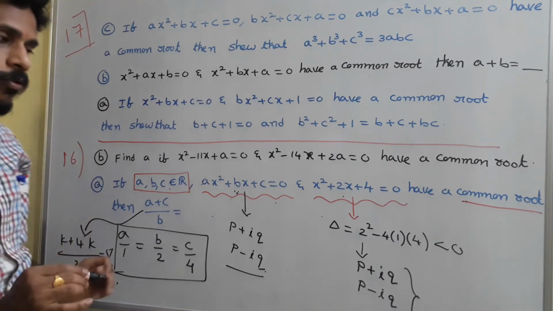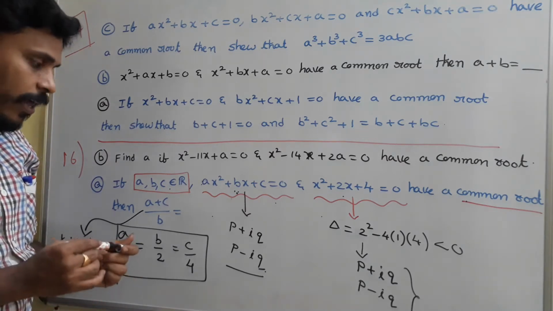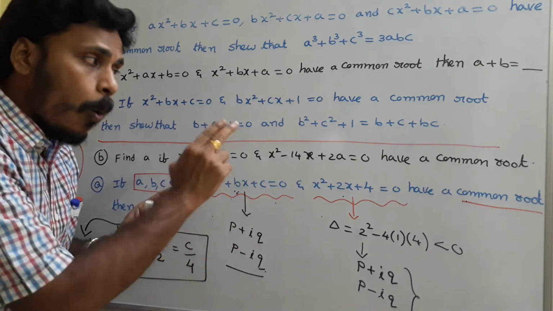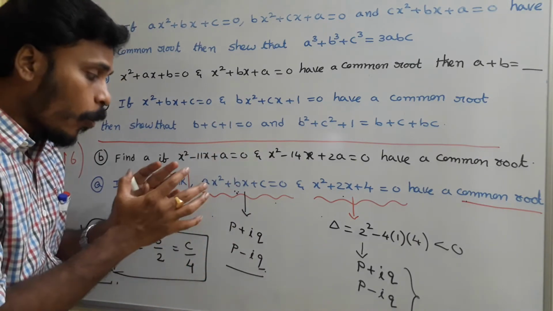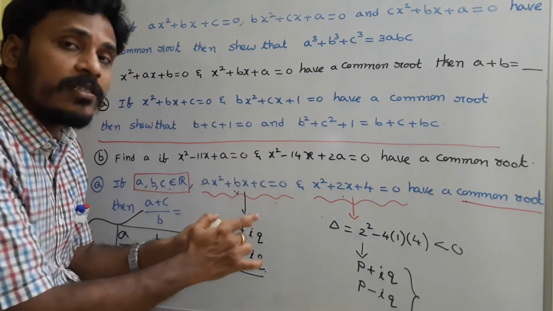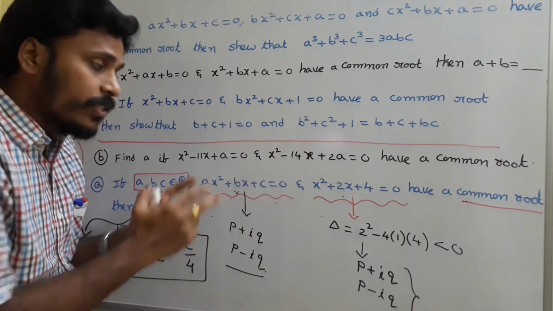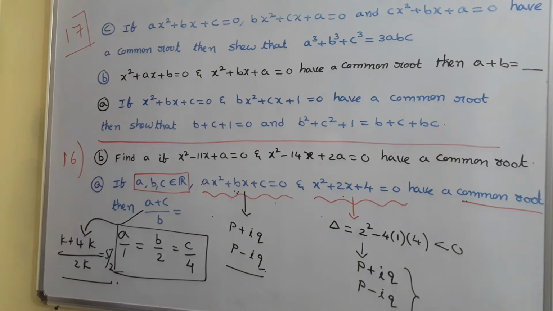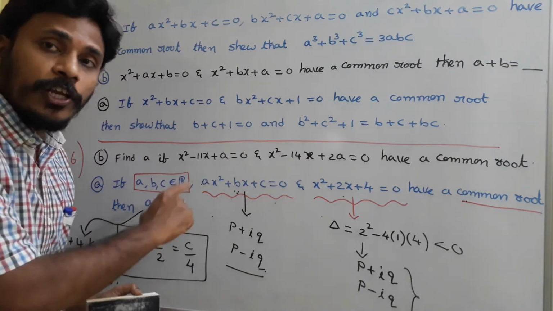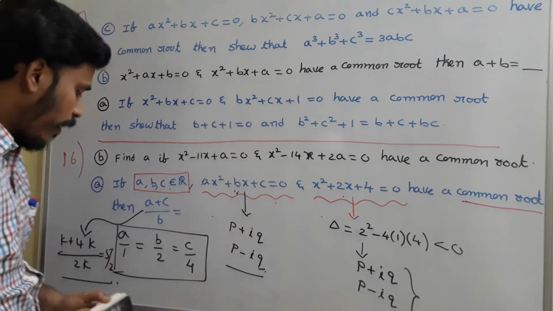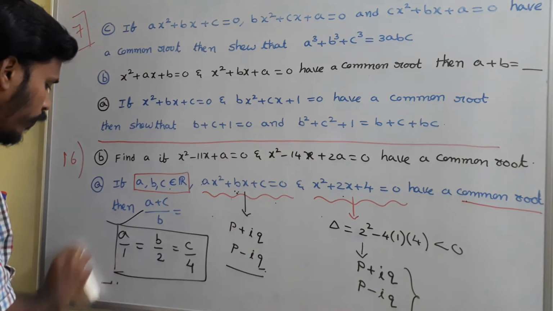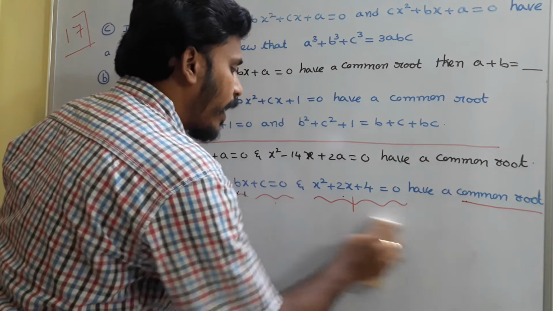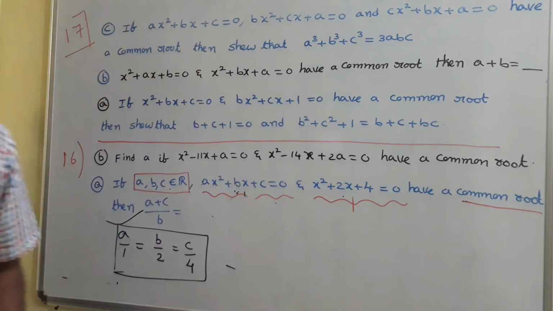Once again, I repeat: these two equations have one root common as mentioned, but when you think, these two equations have two roots common. Since they have two roots common, as per our discussion in the last class, the coefficients ratio is the same. The coefficients of the first equation are a, b, c, and the coefficients of the second equation are 1, 2, 4.